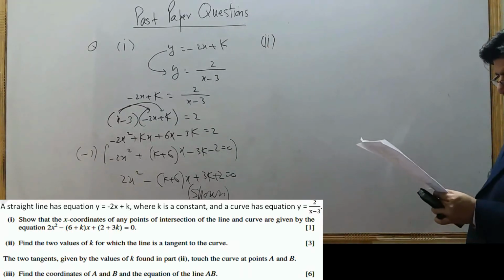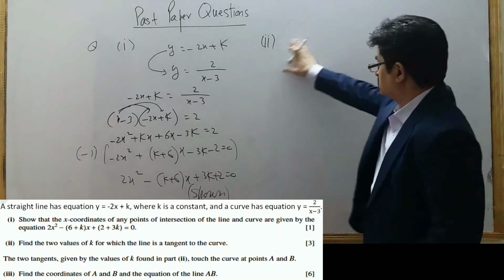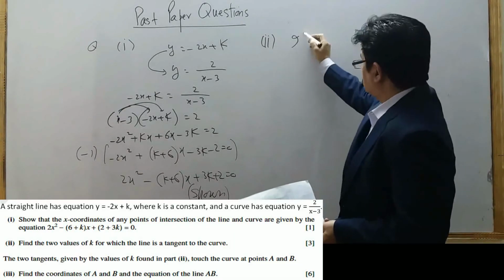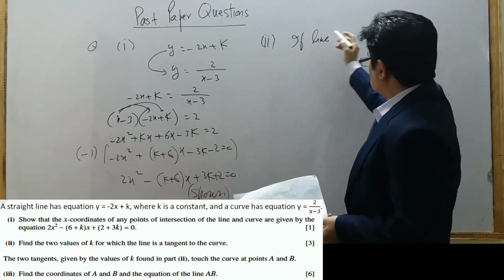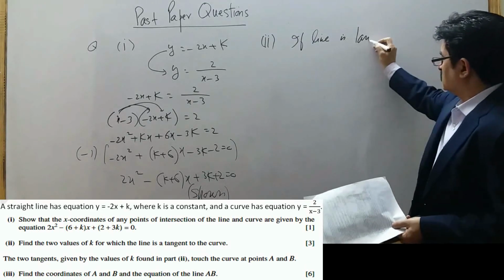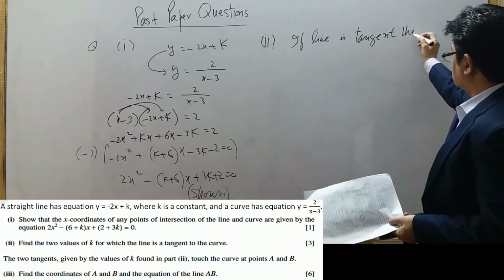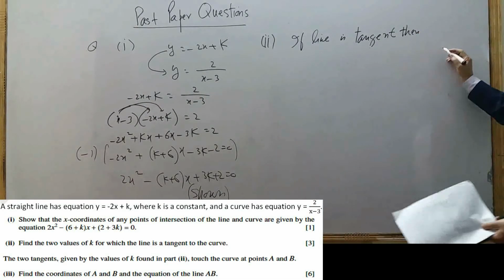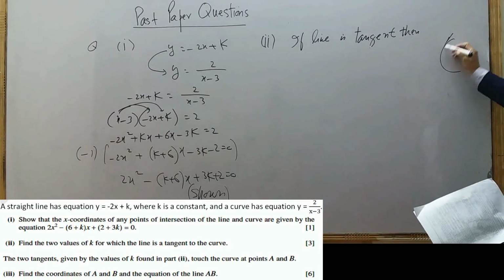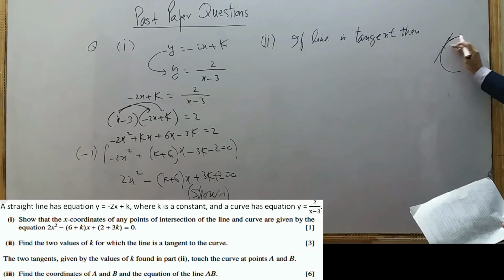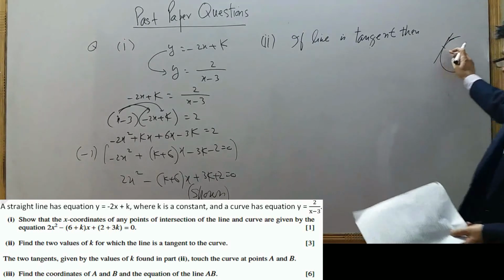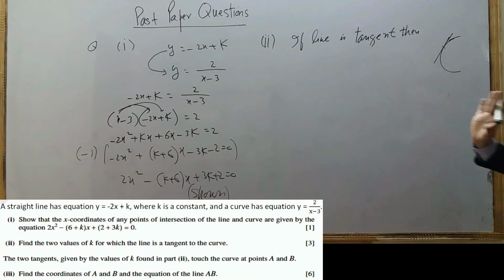Now the second part, please read the question. Find two values of k for which this line is a tangent. Now if the line is a tangent, it means it will meet the curve at one point. So there will be one value of x for this quadratic equation.